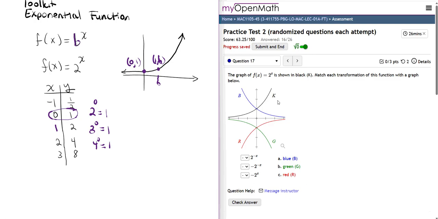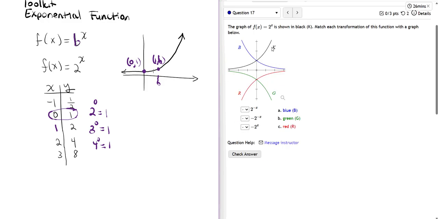So notice that here, where the black one is going through the 0 comma 1, so 1 on the y-axis, that would be the original one. And yeah, so that's what it says.